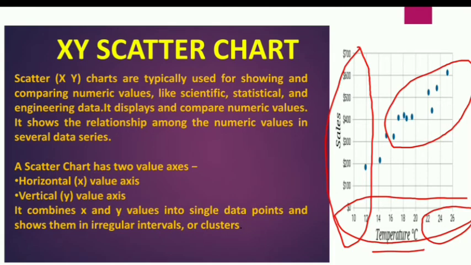So it combines x and y values into single data points and shows them in irregular intervals or clusters. It is not regular, it is irregular. The dots are here and there, not at regular intervals, and in clusters. Somewhere you see 4 are there, somewhere you see 2 are there. So it is in an irregular format or in a cluster format.